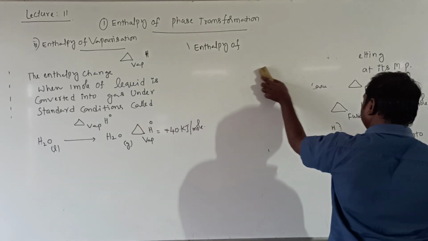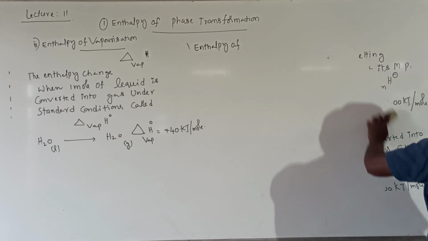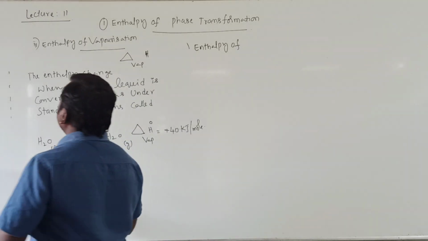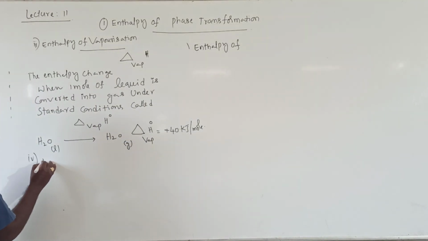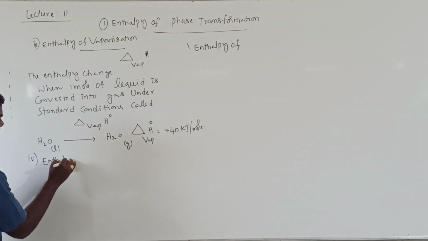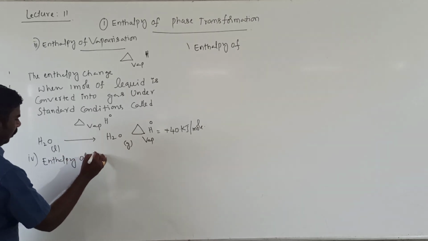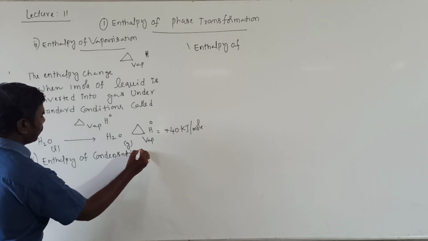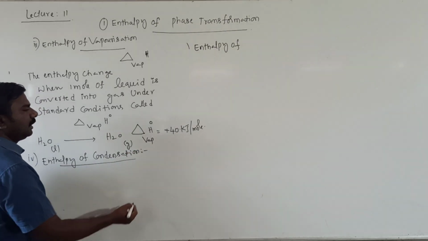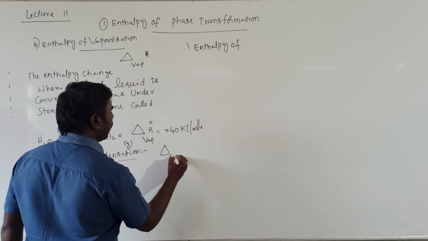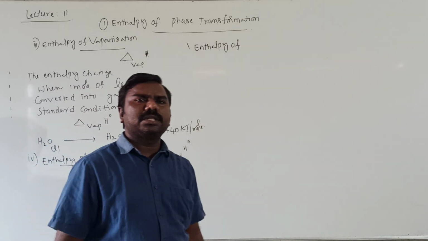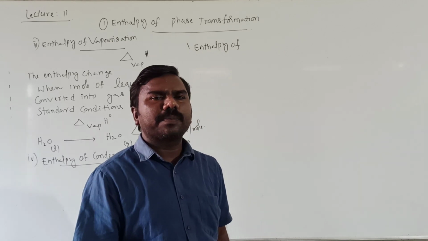The reverse one is enthalpy of condensation. The fourth one is enthalpy of condensation, indicated as delta condensation H naught, the standard enthalpy change in the condensation reaction.